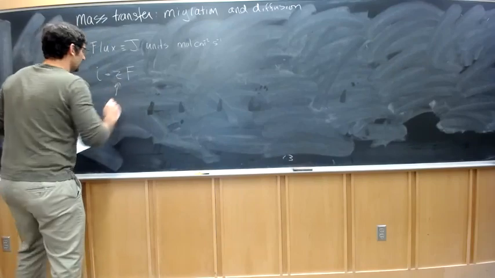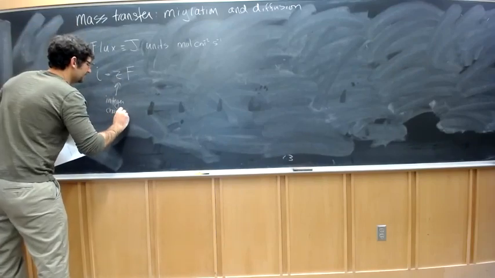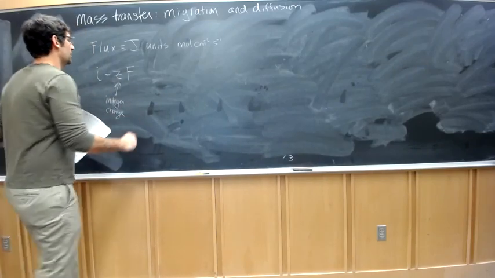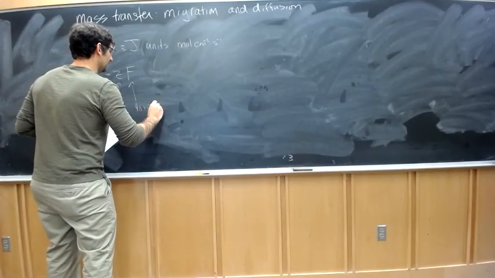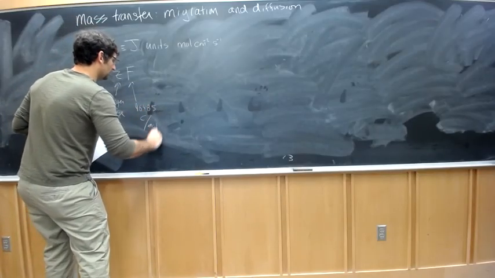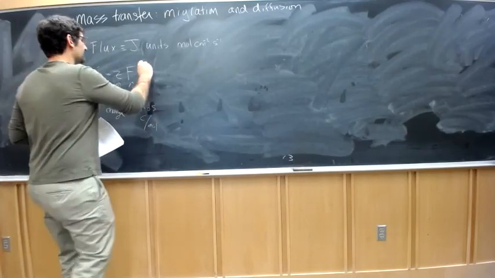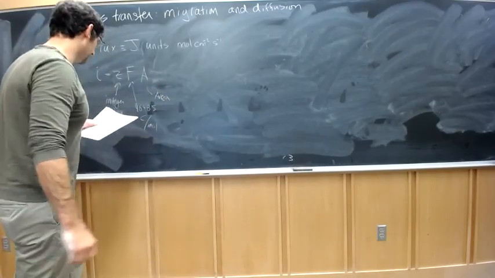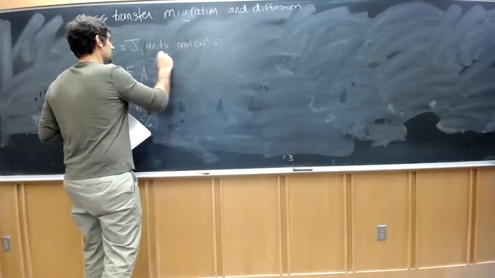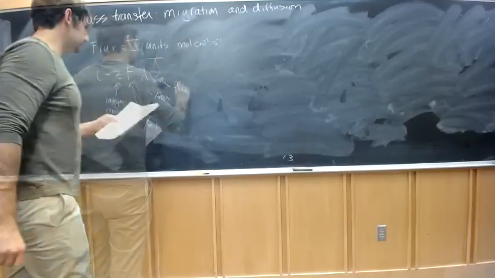So Z is an integer, like -1 or +1, integer charge. F is Faraday's constant, 96485 coulombs per mole of charge, times A, the area of the electrode, or the cross-sectional area of the electrolyte we're looking in, times J, the flux.